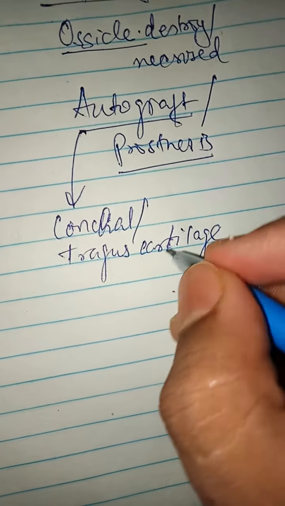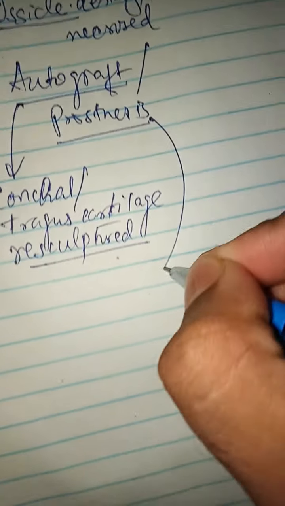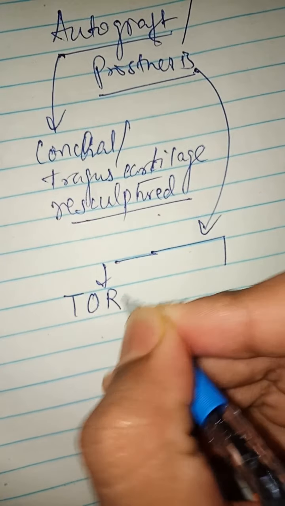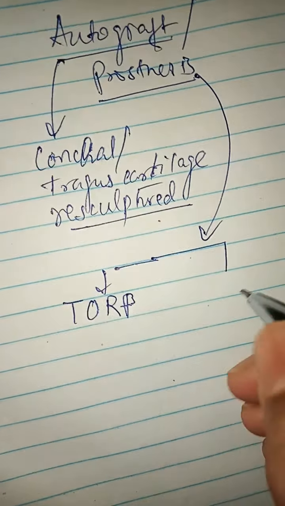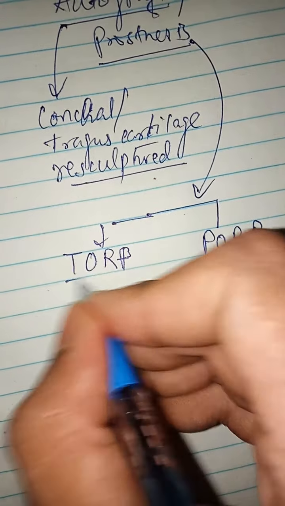We can resculpture that cartilage, then we can use it as an ossicle. And what are the prostheses we can use? These are of two types. One is total ossicular replacement prosthesis. Another is partial ossicular replacement prosthesis.